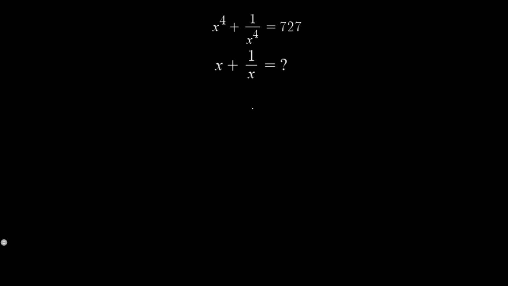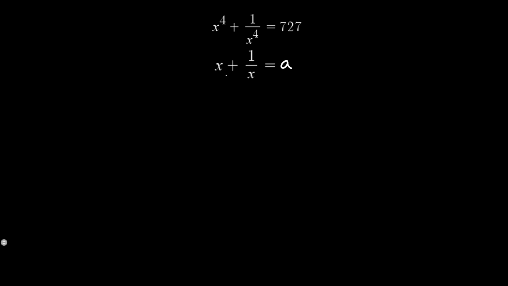So what we can do here is replace x plus 1 over x with a. So we could say that that is a. Let me make that disappear, and then we will set that equal to a.